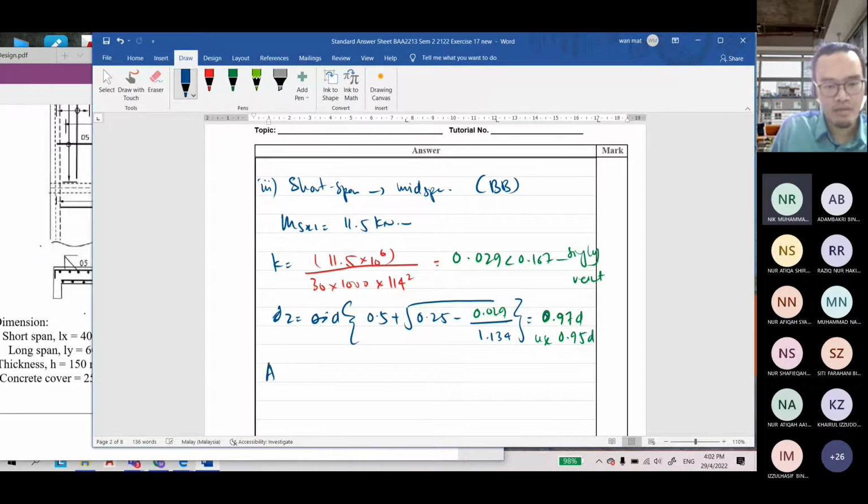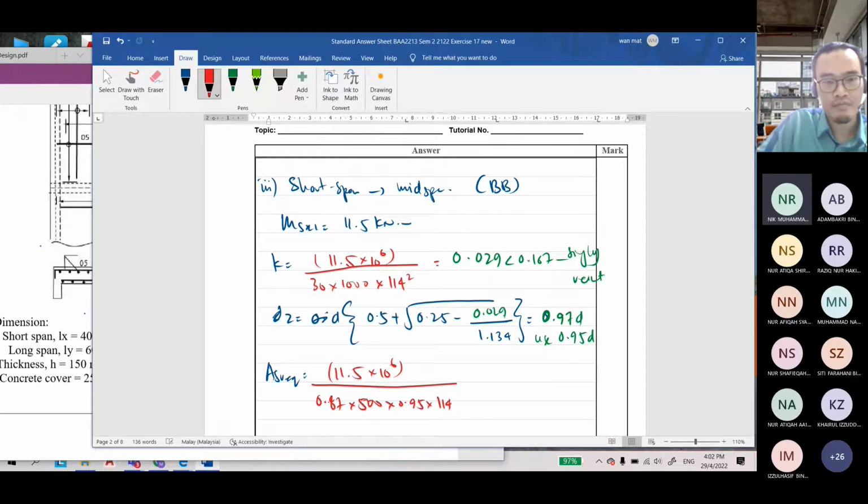So the As required is equal to 11.5 times 10 to the power of 6 divided by 0.87 times 500 times 0.95 times 114.